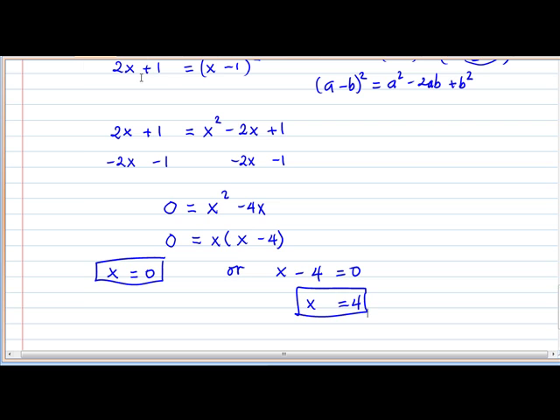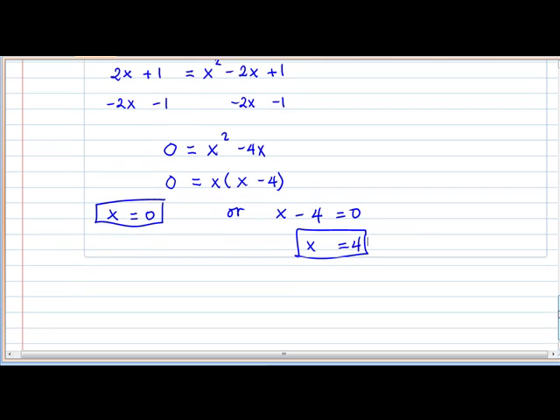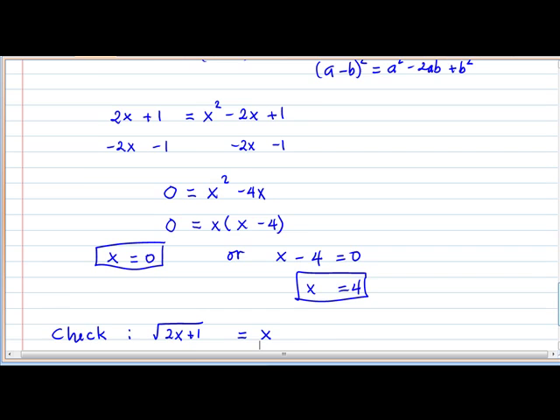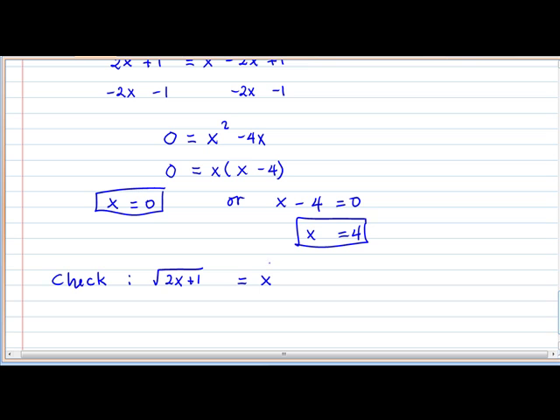Once again, we have to check our answer to see if it is good or not. So I'm going to check the answer. The problem was the square root of 2x plus 1 equal to x minus 1. So I'm going to check for x equal to 0.